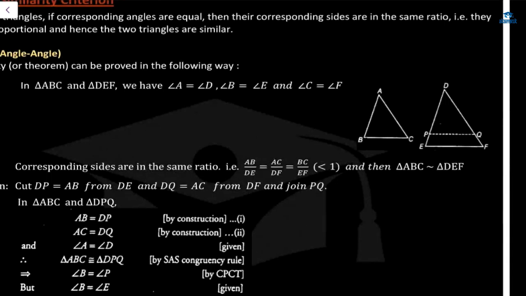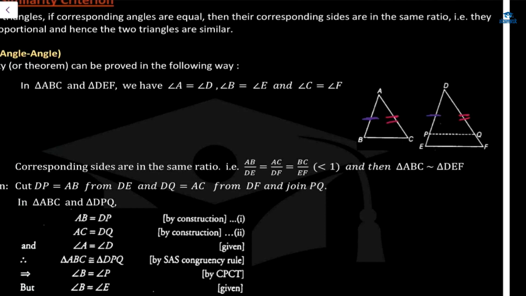Now I'm doing some little construction. I am cutting from DEF, taking DPQ in such a way that DP is equal to AB, this is equal to this side, and obviously the third one, PQ, is equal to BC.